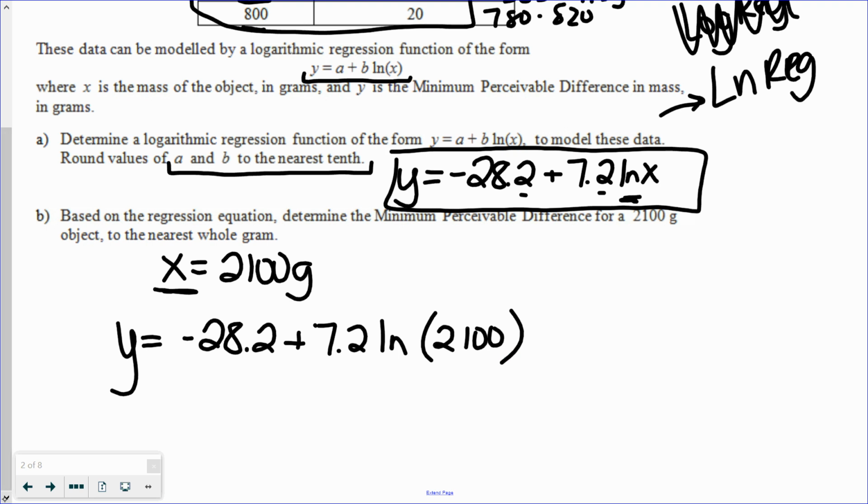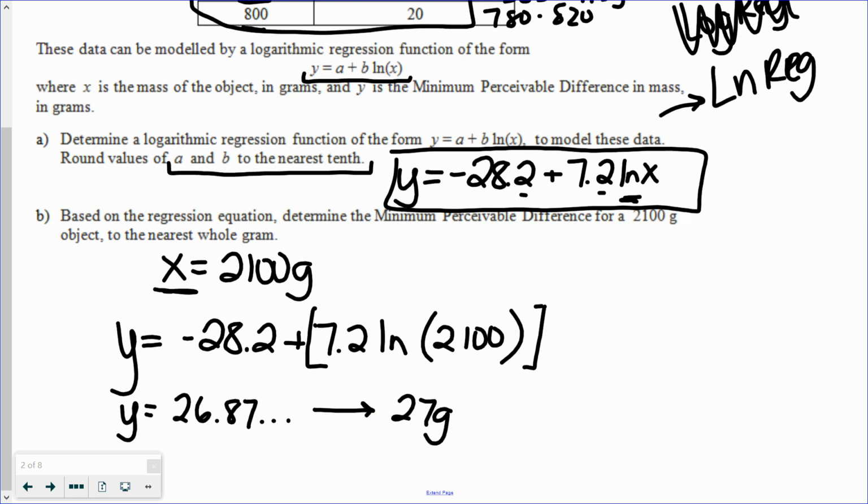You might need to put an extra set of brackets in your calculator to make sure all of this happens before. What we get is y is equal to, I think it gives me 26.87 something. So to the nearest whole gram would be 27 grams. So the minimum perceivable difference would be 27 grams.